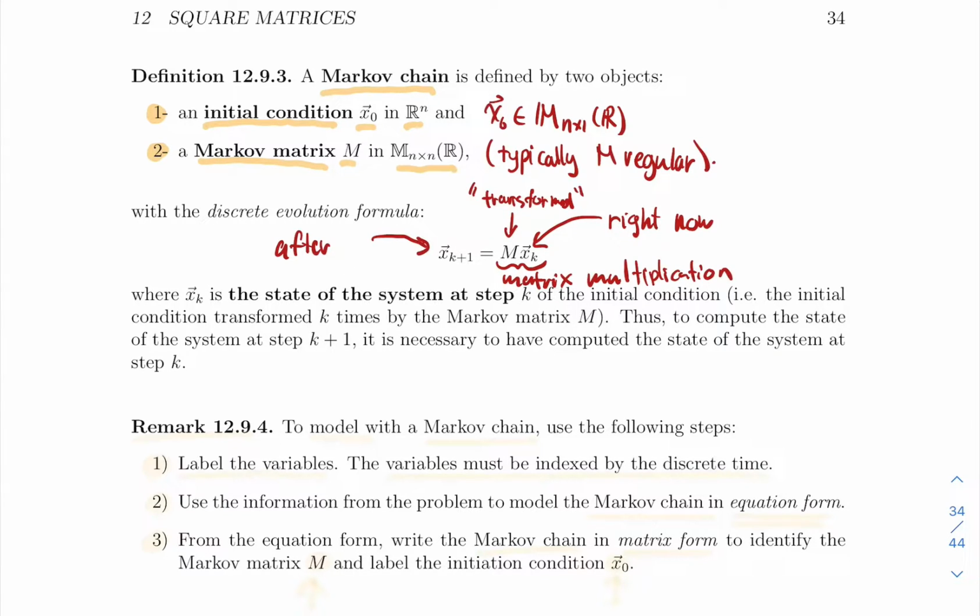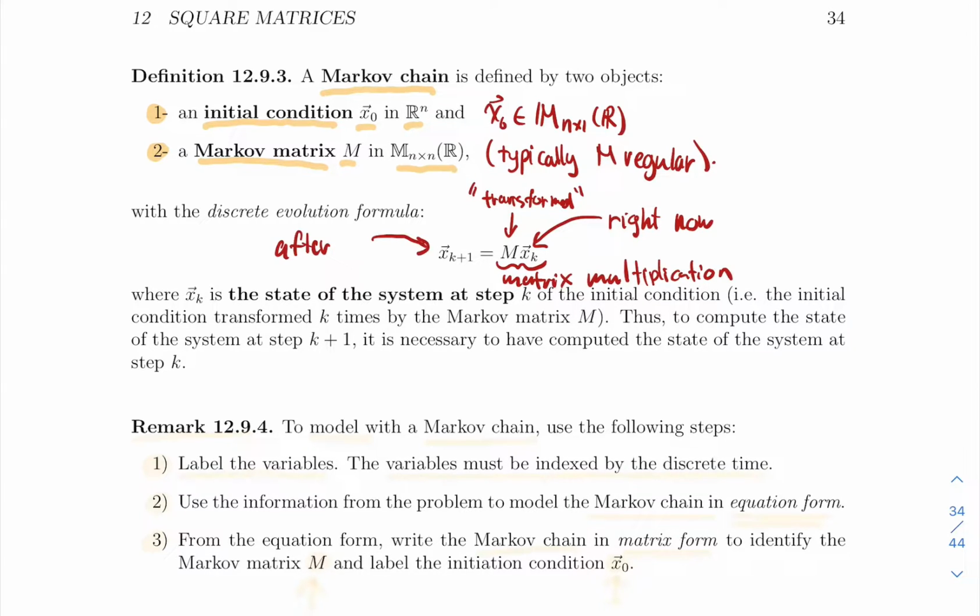Typically the k is a discrete index that depends on time. Depending on the context, time can be in seconds, minutes, hours, days, weeks, months, years, etc. It depends on the actual problem, but it's really a matrix multiplication.